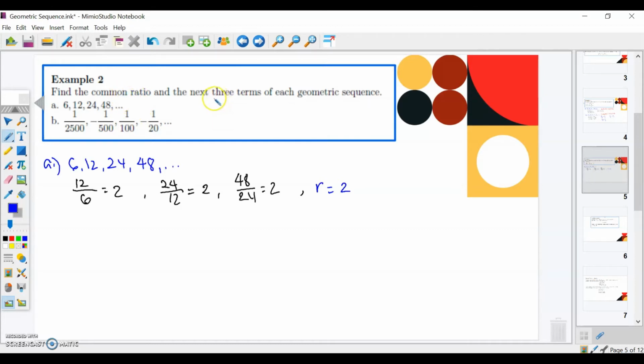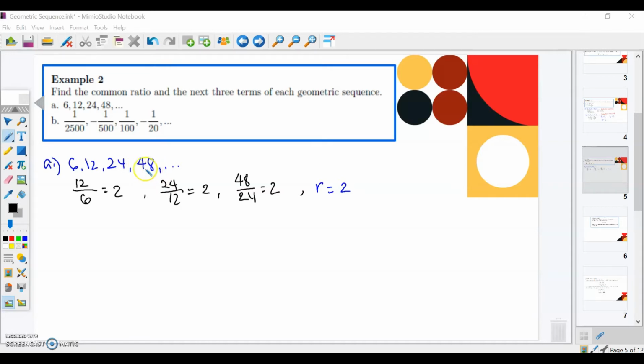So what we're going to do is to determine the next three terms of each sequence. Take note that in a geometric sequence, in order for us to get the next term, we multiply the common ratio to the previous term. And we stop with 48 as our fourth term in this sequence.